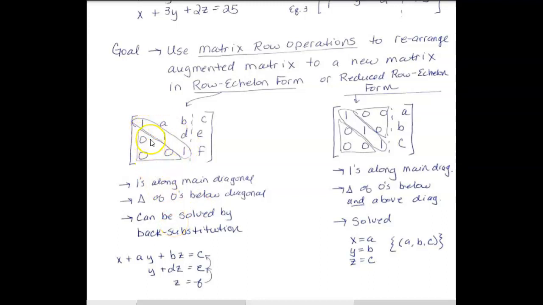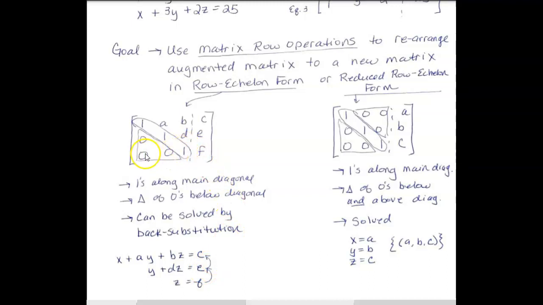So this matrix would translate back to equations as 1x plus whatever a is times y plus whatever b is times z equals c. The second equation, there's a 0 here, so this would just mean 1y, or y, plus d times z equals e.